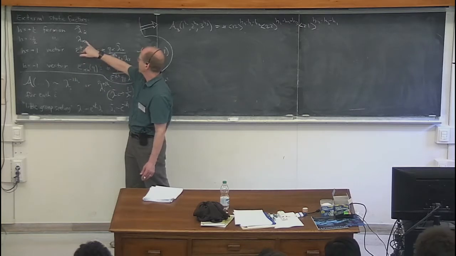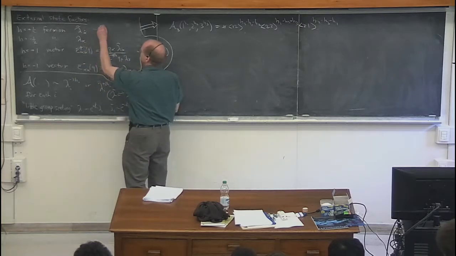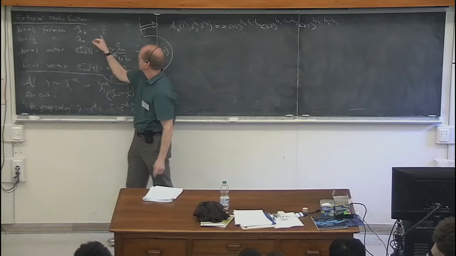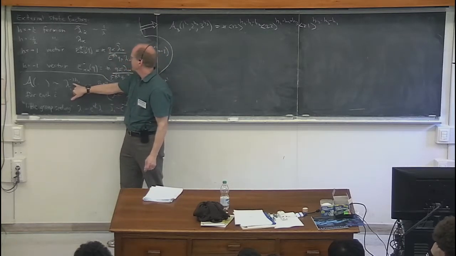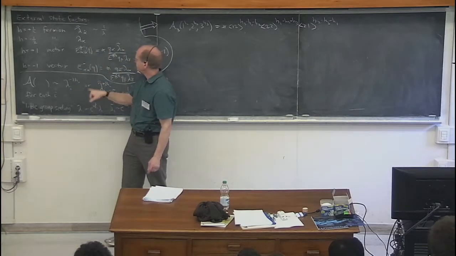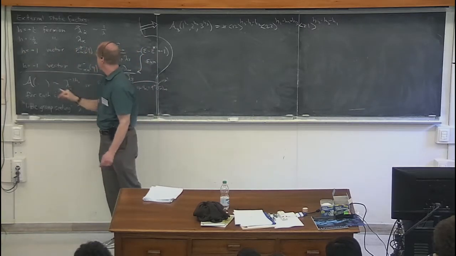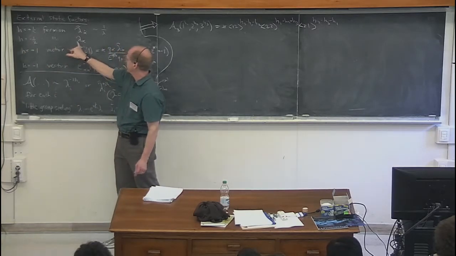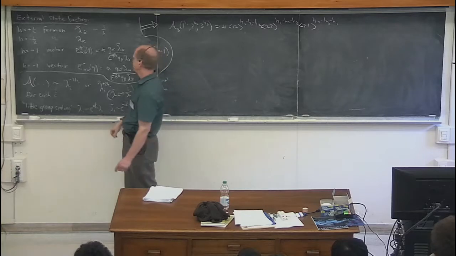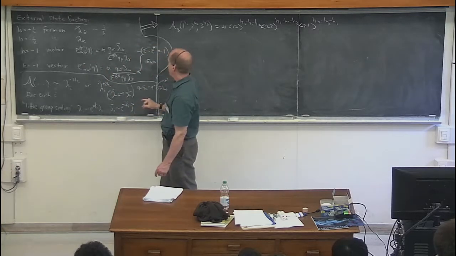So just to check that out, this scales like a 1 over lambda. So for h equals a half, we get lambda to the minus 1. This one has h equals minus a half, so we want it to go like lambda to the plus 1, and it does. And then the same thing happened for vectors.